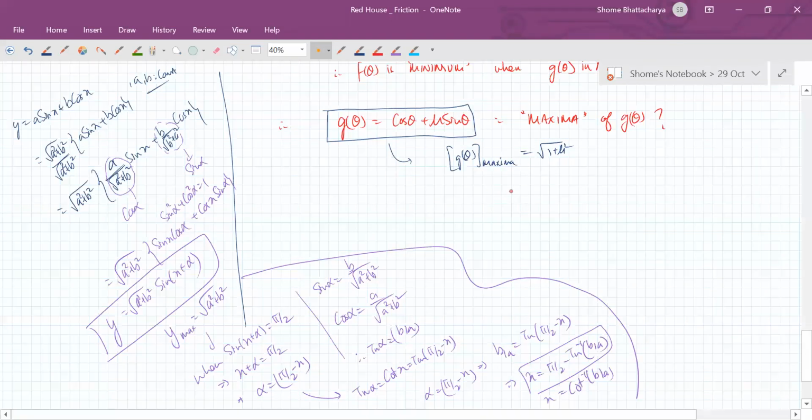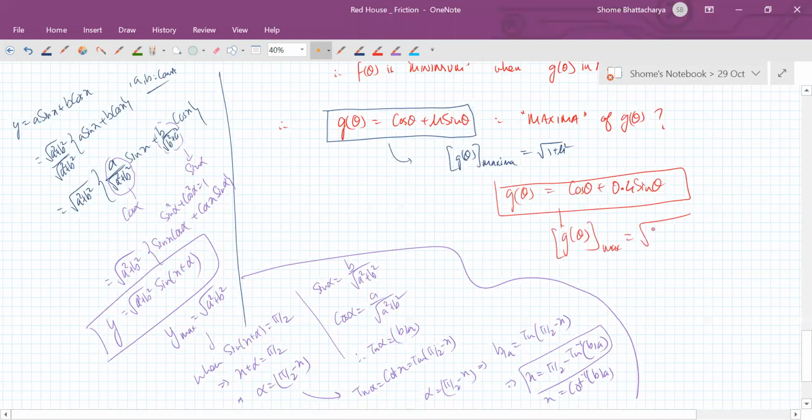So here, look, this function was cos theta plus 0.4 sin theta. So this function's maxima will be square root of 1 plus 0.4 square, so square root of 1.16. This will be nearly 1.08.